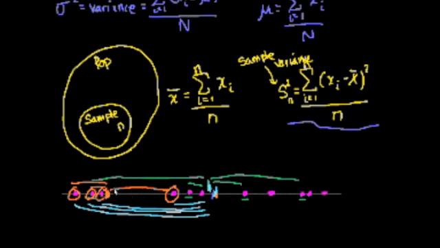It's always going to be the center of your data sample. But it's completely possible that the population mean is outside of your data sample. You just happen to pick ones that don't contain the actual population mean. And then this sample variance calculated this way will actually underestimate the actual population variance, right? Because the points are always going to be closer to their own mean than they are to the population mean.